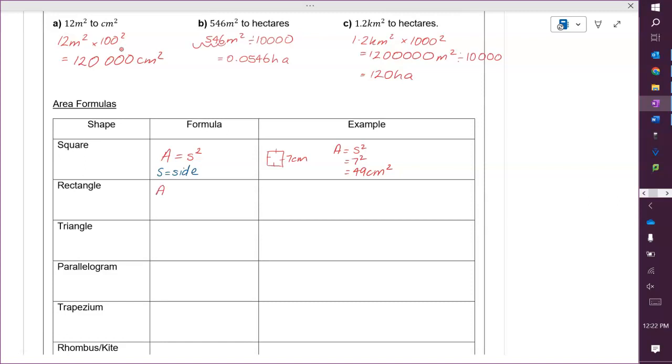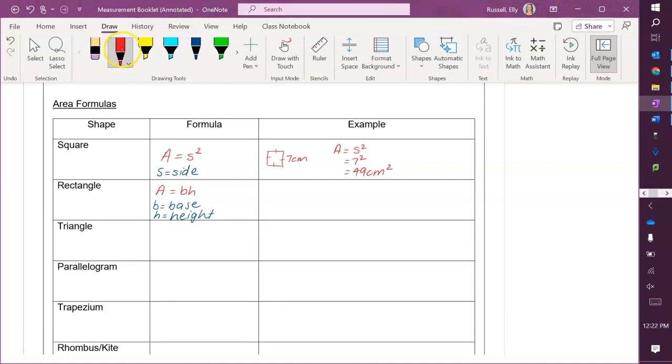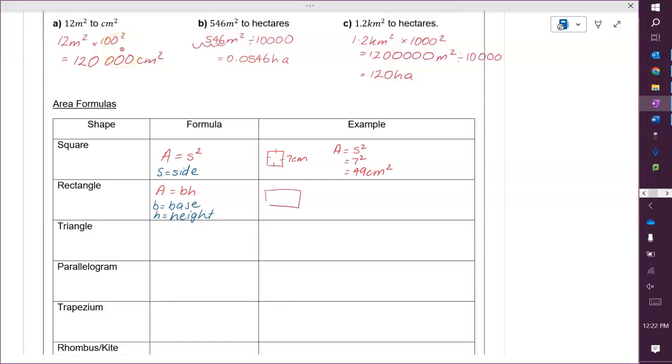For a rectangle, we have A equals BH. This means that B is the base and H is the perpendicular height. So if we think about the shape for our rectangle, these sides are the same and these are the same. This is 5 centimetres and this is 3.